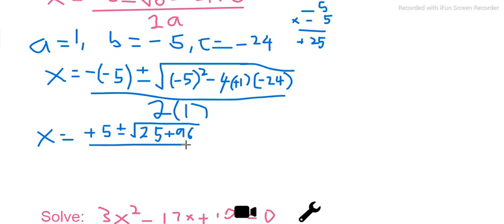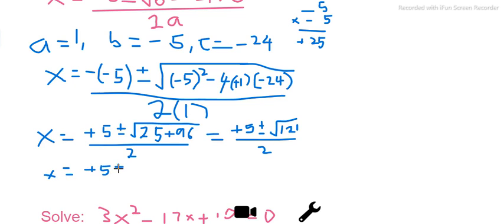Everything divided by 2. Then this will give us plus 5 plus or minus the square root of, if you add up what's inside the bracket, 25 plus 96 will give us 121, divided by 2.